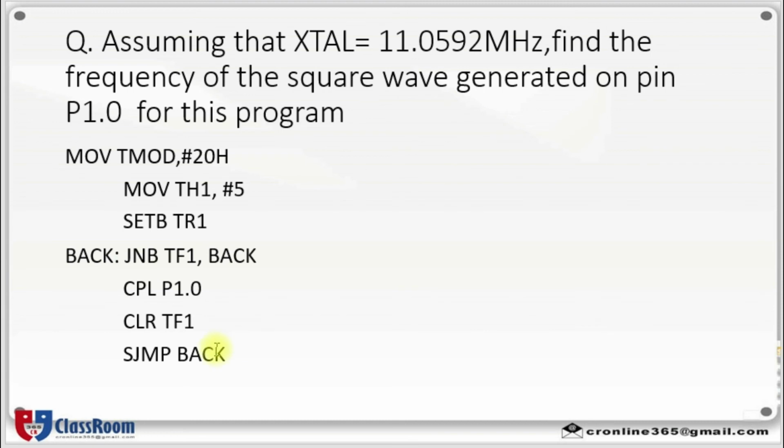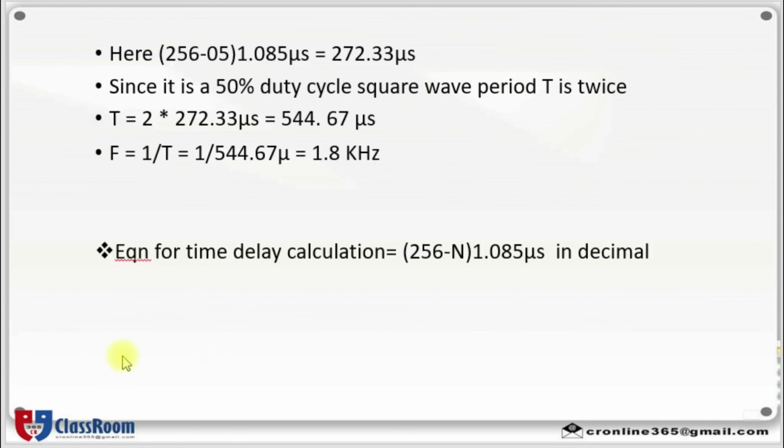In this program, we want to find the frequency of the square wave generated. We can see how we can find it. Here, mode 2 is an 8-bit timer mode. 8-bit means it can access values ranging from 00 to FFH.